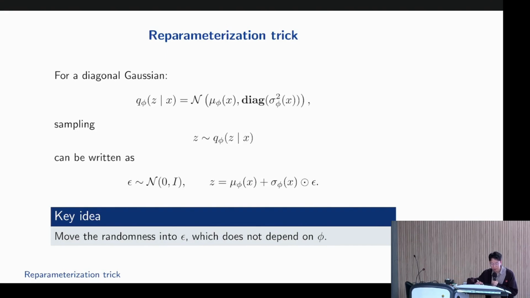if you want to sample from a Gaussian with some arbitrary mean and standard deviation, you can equivalently sample from this distribution. First, you sample from standard normal, and then you multiply the standard deviation of the target Gaussian, and then you shift the mean of the target Gaussian.